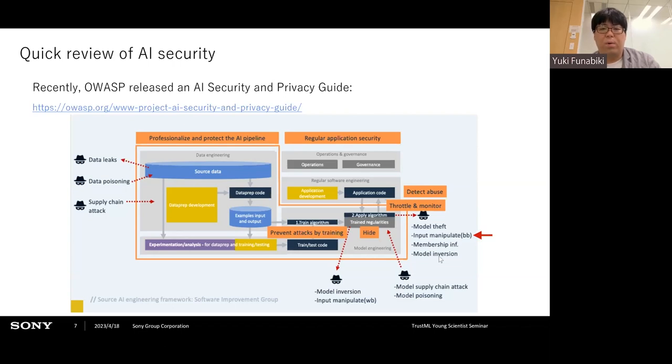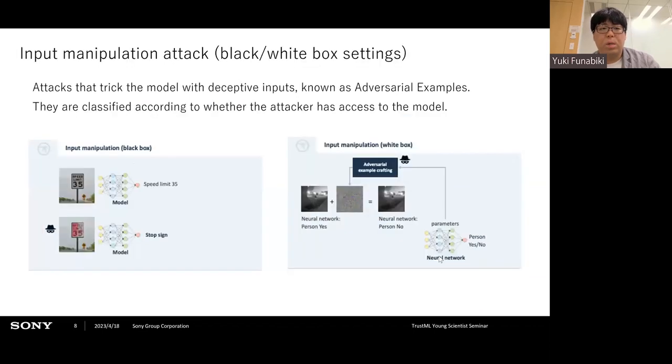This is a quick review of AI security, and today my topic is focused on input manipulation attacks. The attacker can manipulate their input query, and the purpose of the attacker is to fool the model. This is a quick description of the input manipulation attack.